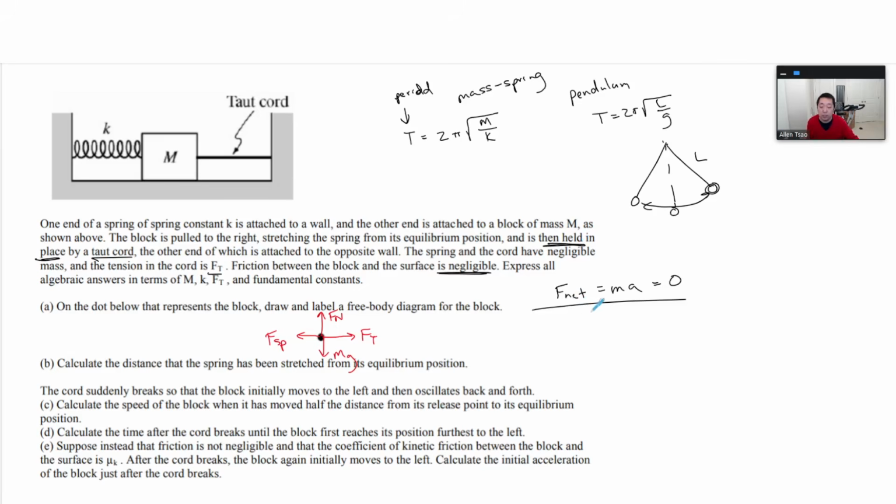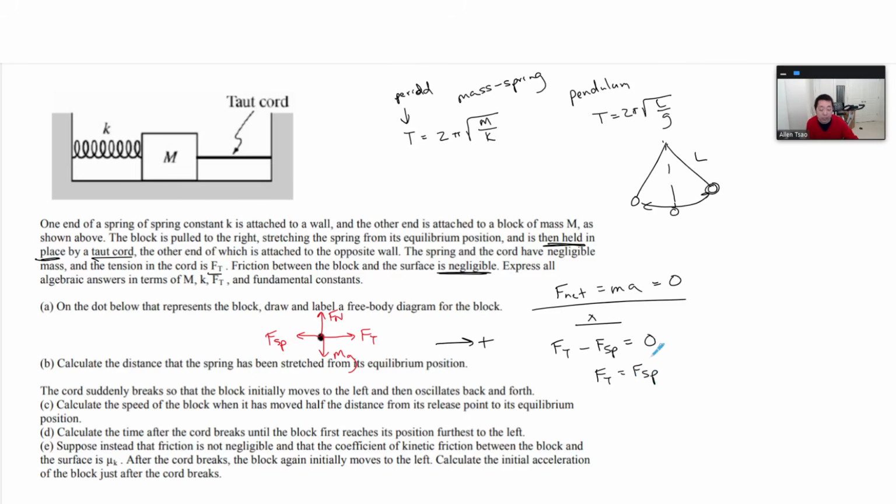So I'm going to focus on the x direction. Let's say right is the positive direction. It's arbitrary; I picked a direction. So in the net force, Ft to the right is positive, and the spring force to the left is negative. That equals m times a, but a is 0. Therefore, the spring force equals Ft.